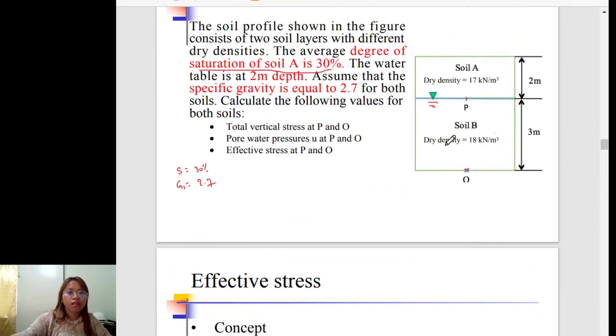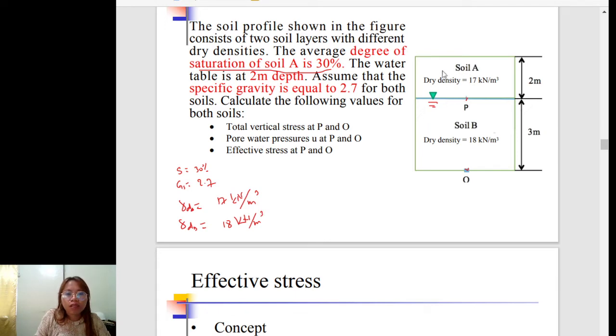So, gikan ana, we have given here, aside from this given, the unit weight for soil A equal to 17 kilonewton per meter cube, and the dry unit weight of soil B is equal to 18 kilonewton per meter cube.